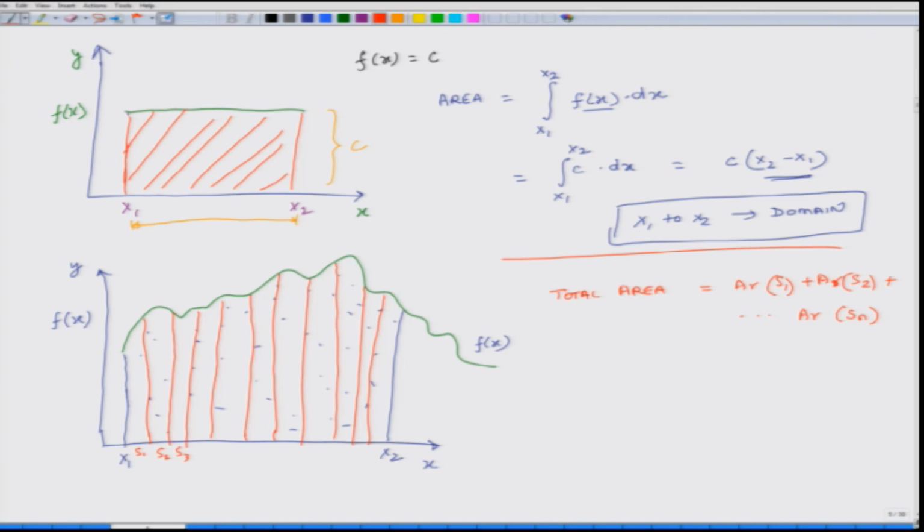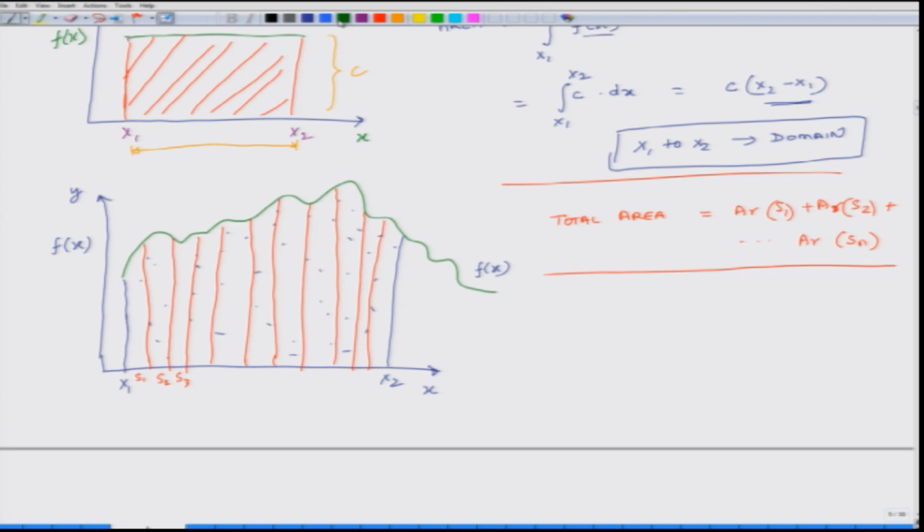Now I can calculate the area of the first slice in several ways. So approach 1.